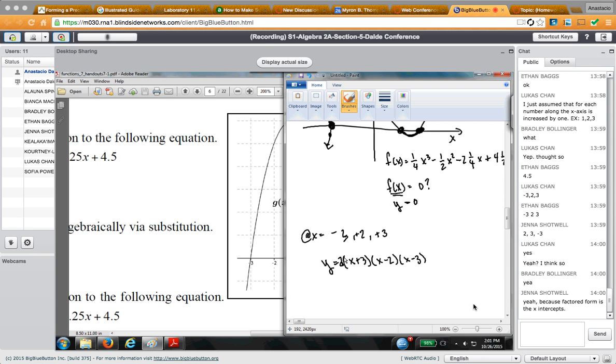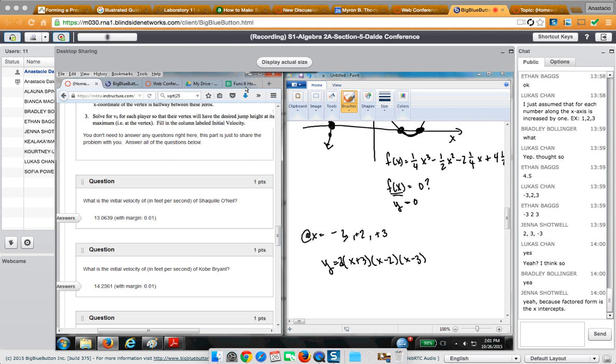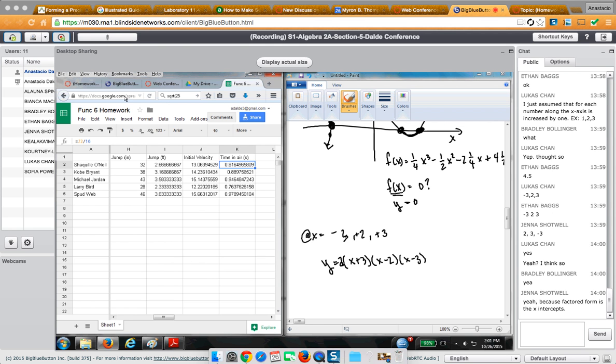Okay. And that will change the stretchiness of my graph. You know what I mean? Actually, I think that if we go to Desmos, is it desmos.net?